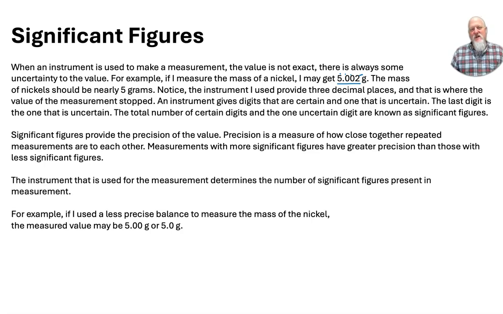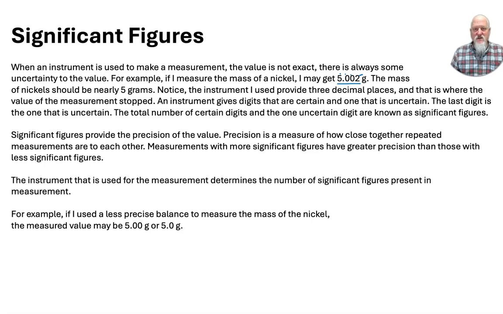Okay, so now we need to back up a little bit further. We have two words that we use kind of interchangeably in the English language: accuracy and precision. But we need to recognize that in science they are very different. The accuracy of a measurement tells us how close that measurement is to the actual, true value.